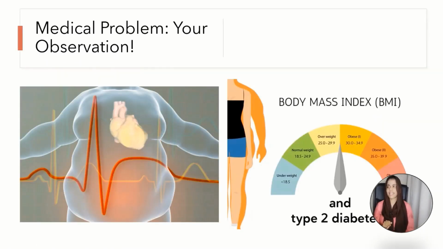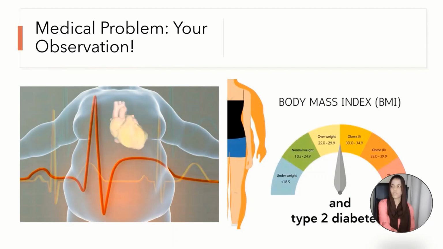And diabetes type 2 it's very common nowadays, and majority of diabetic patients, they fail to maintain BMI less than 30, and they fall in the category of obese individuals. It renders them susceptible to cardiovascular disorders.